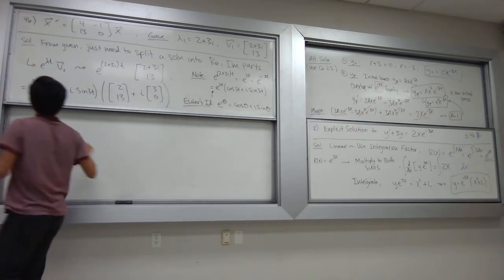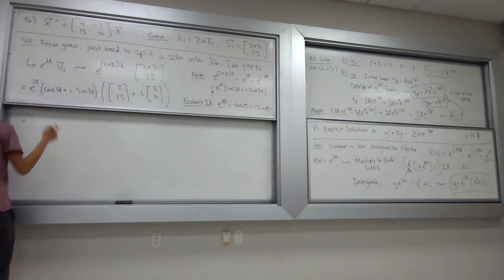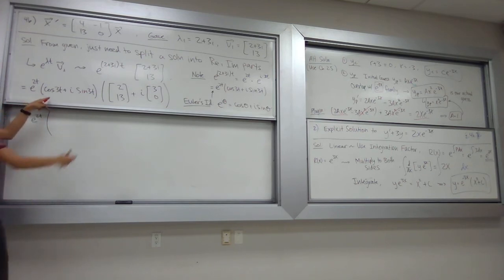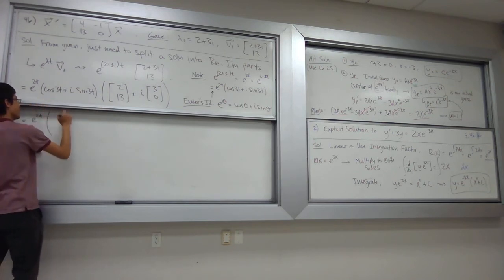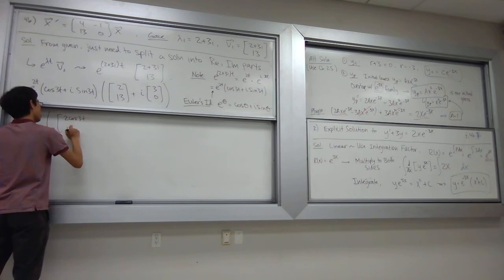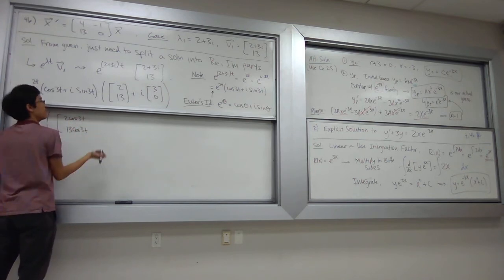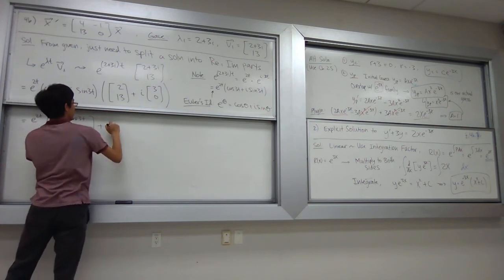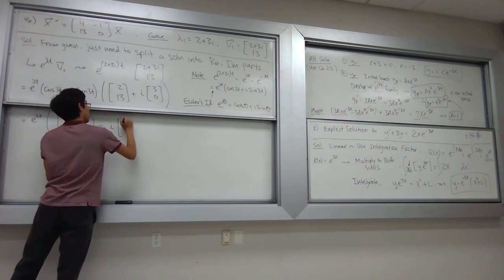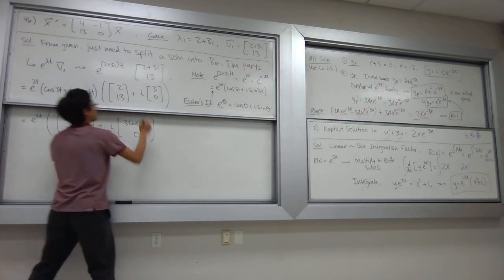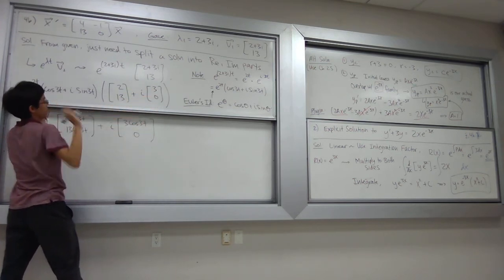So if we FOIL this, again keep the e to the 2t way out in front, and then we have four terms. Cosine times this one: 2 cos 3t, 13 cos 3t. Then let's do cosine in the imaginary part: i times (3 cos 3t, 0 cos 3t).